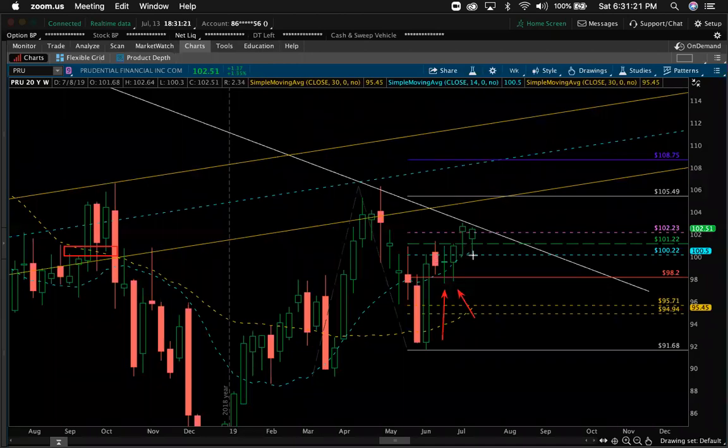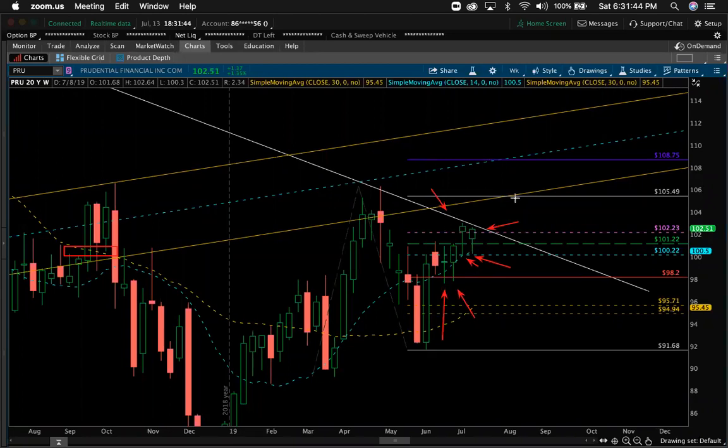Now we found support at the 100, which is the blue level, which is here. And then we have another double bottom. Similar. Now this is basically very controlled price action. We have a hammer here and another hammer here. Both hammers closed above 102.23. Now we're finding demand at 102.23, so they're keeping it above that.